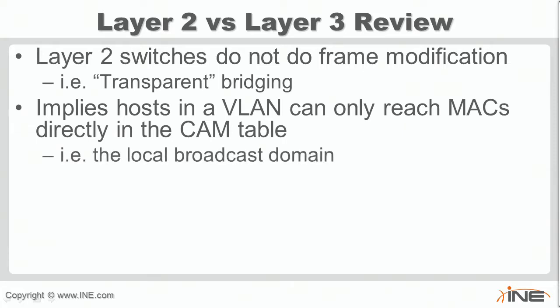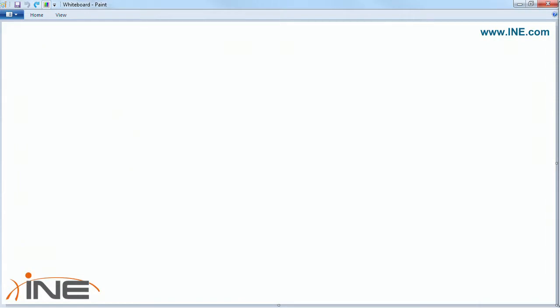So when we look at the basic operation of an end host that's running IP, it's basically going to do a fairly simple decision process. It says, look at my local IP address and look at what the destination I'm trying to reach is.